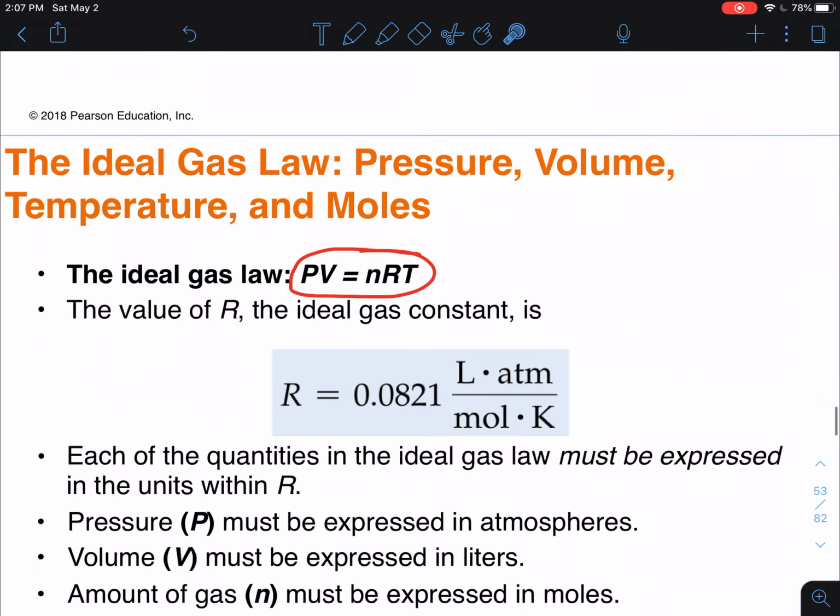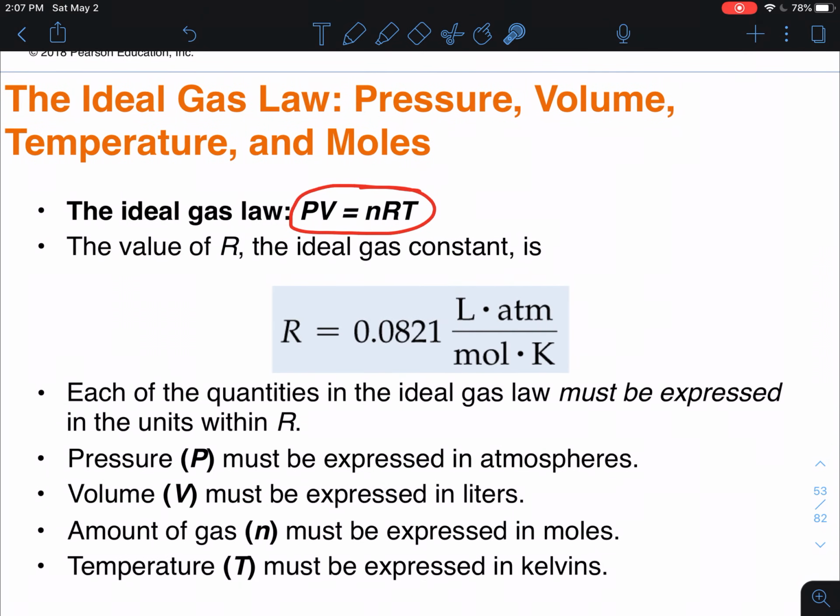So the value of R is constant depending on the units that you're using. It's called the ideal gas constant, and it's 0.0821 liters atm per mole Kelvin. It has to have all of these units in order to cancel out: liters for volume, atm for pressure, mole for number of moles, and Kelvin for temperature.